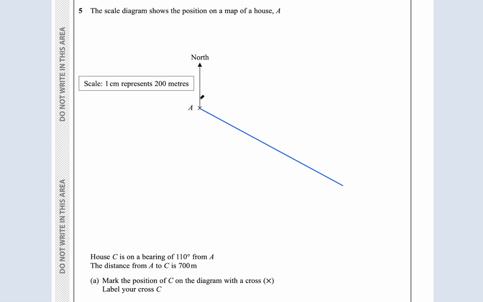Now there's one thing I actually can't do because I don't have a protractor on this, but this has to be 110 degrees. It's going to look something like this.